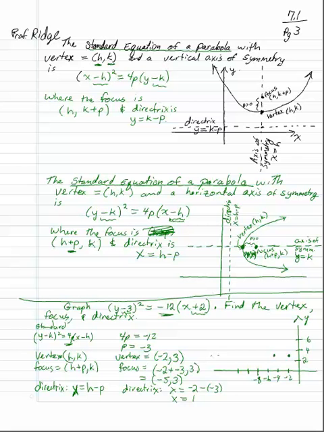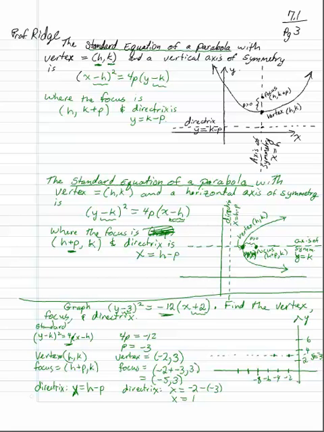Through the focus and the vertex, that's your axis of symmetry, y equals 3. And then we're going to get the latus rectum points. The absolute value of p is 3, so twice 3 is 6.